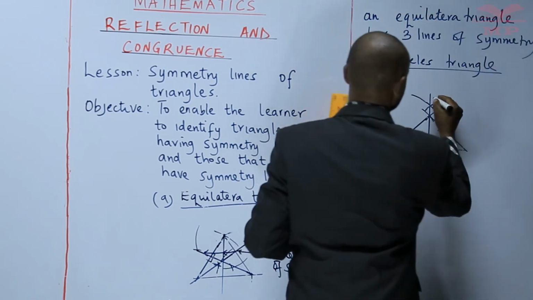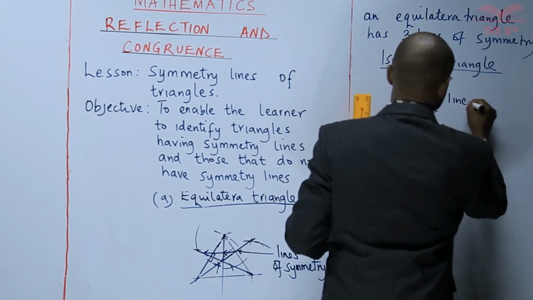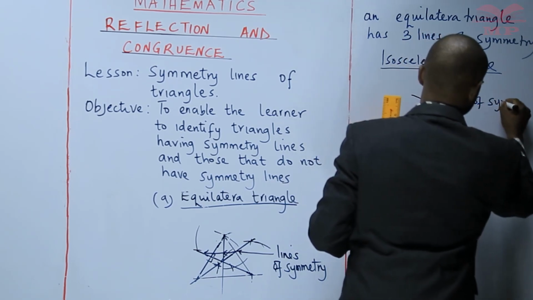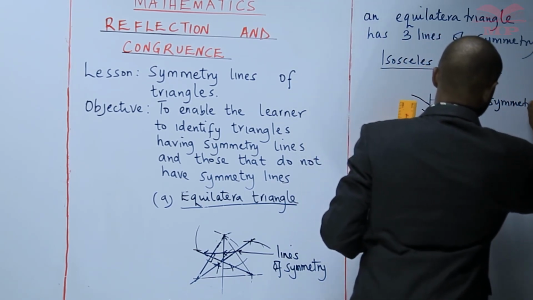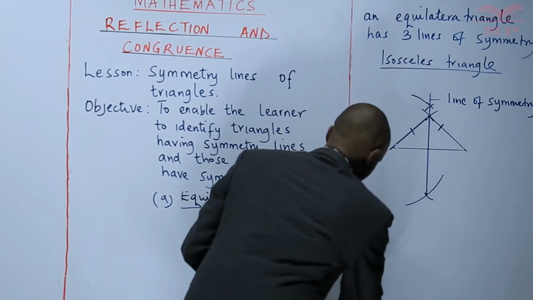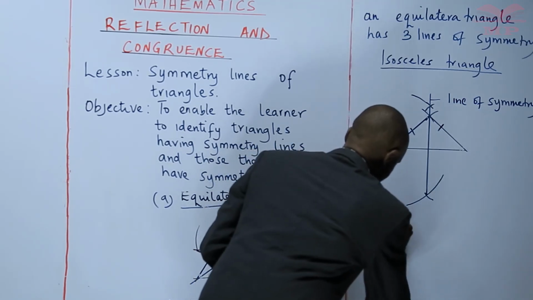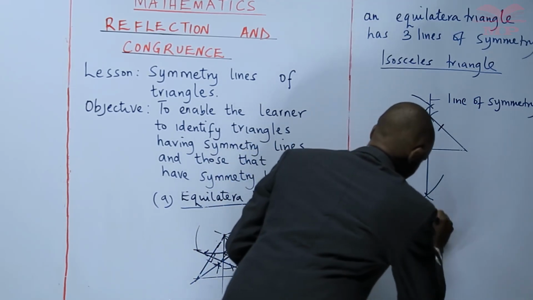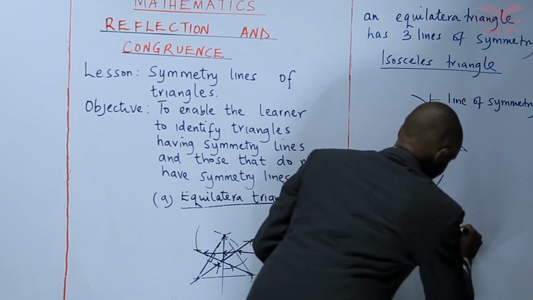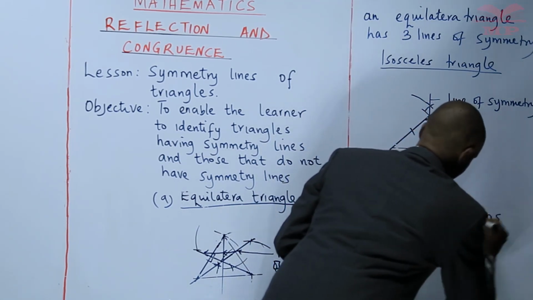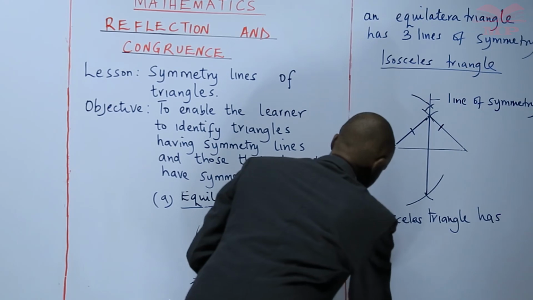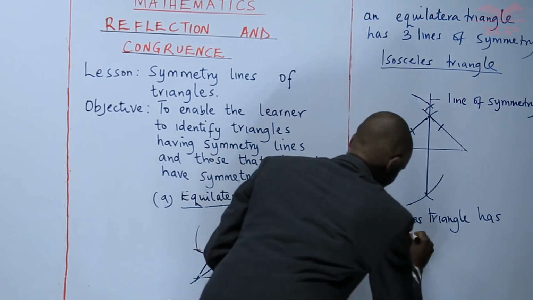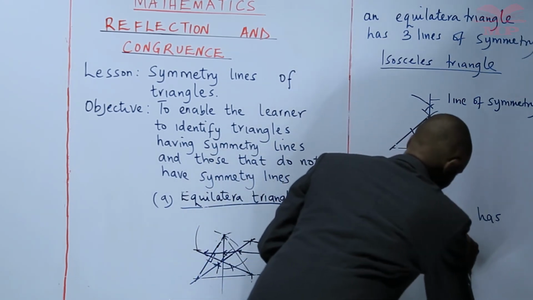On doing that, you'll get the line of symmetry. And the conclusion is an isosceles triangle has 1 line of symmetry.